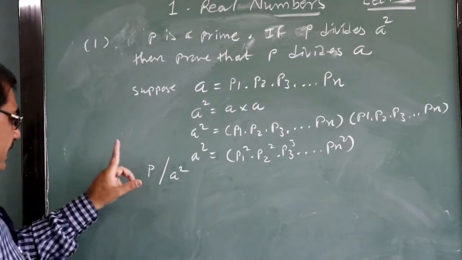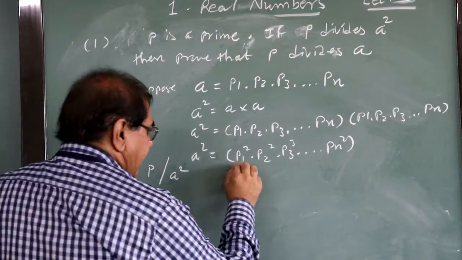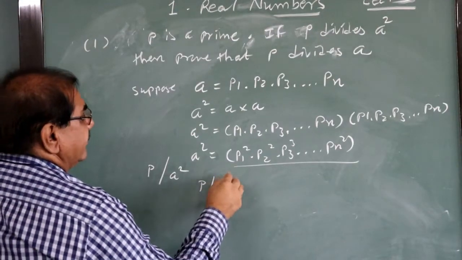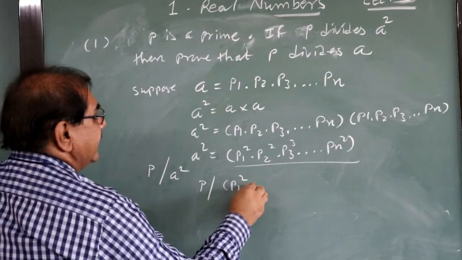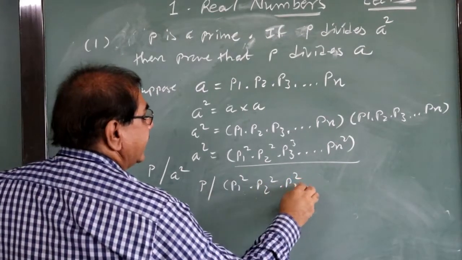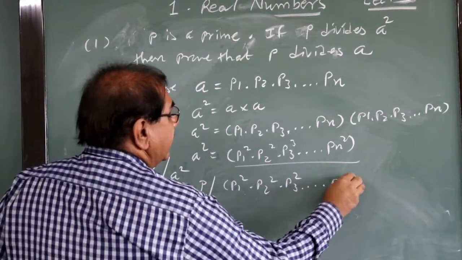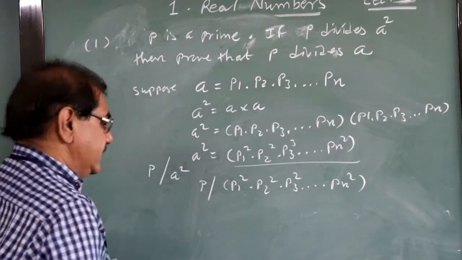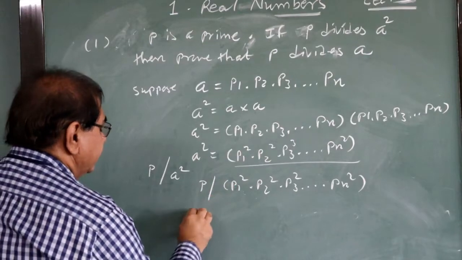That means what? P is one of the factors of this. So P divides P1 square into P2 square into P3 square into dot dot dot up till Pn square.